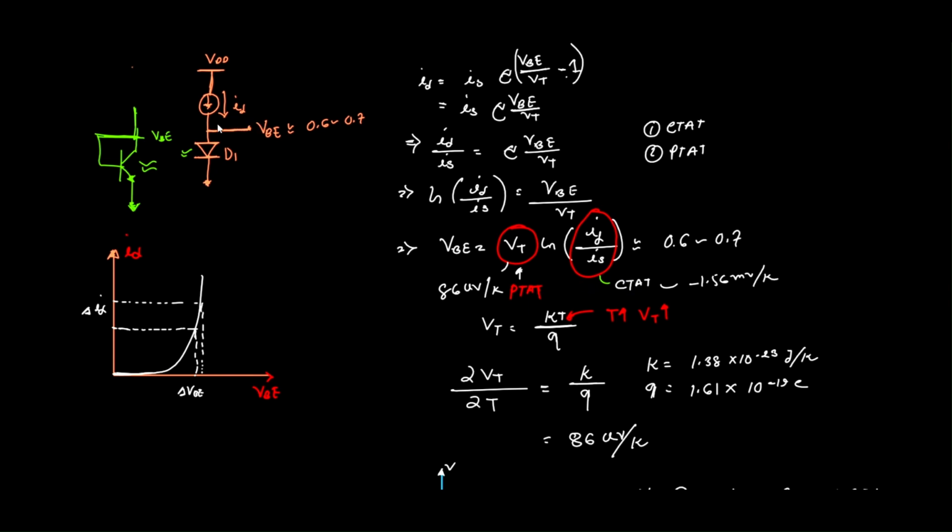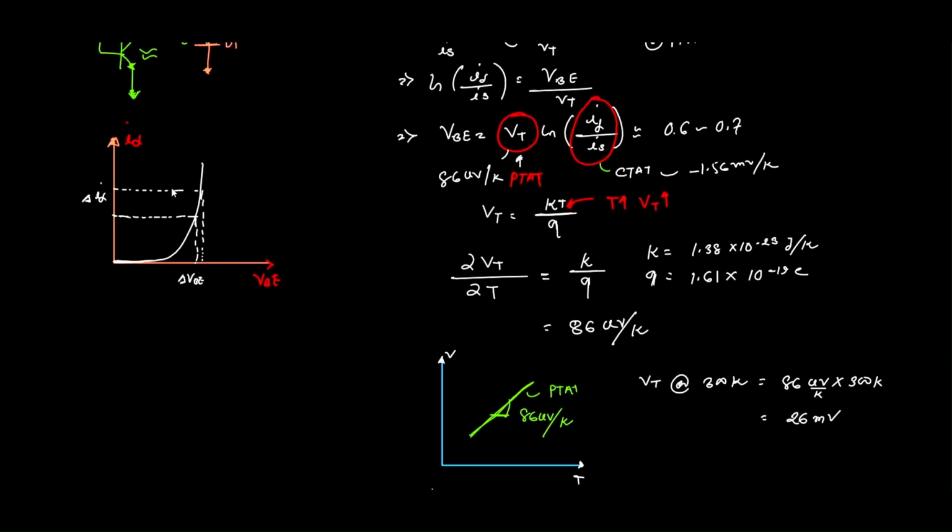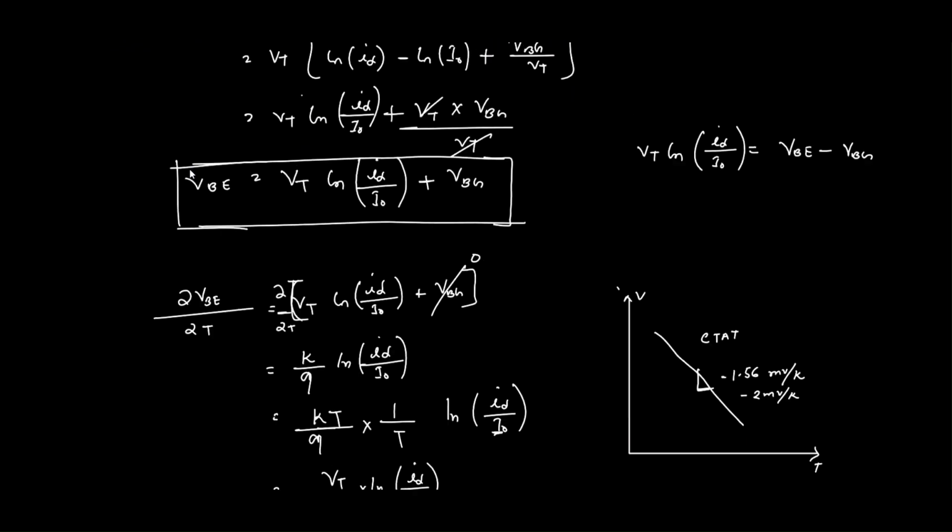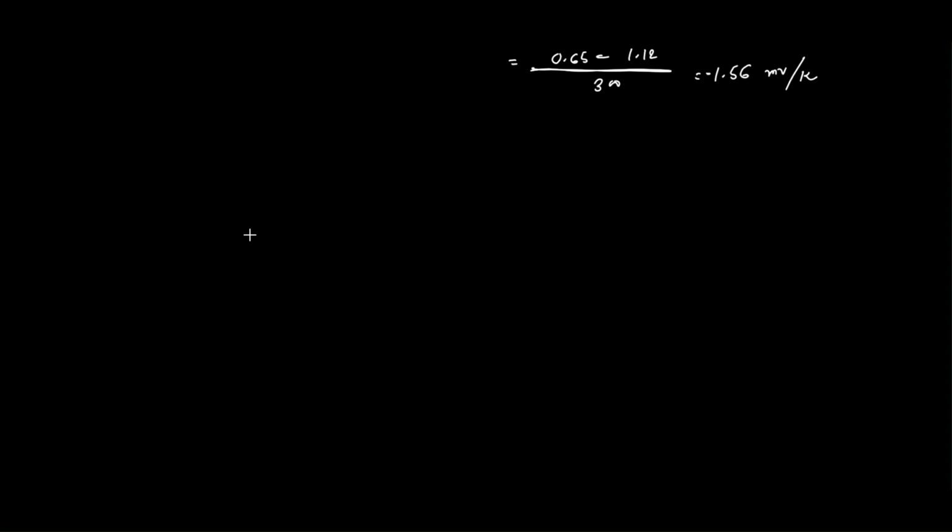As we plot this slope of this voltage, it will look like a CTAT voltage. Obviously here are two terms, one is the PTAT and the CTAT, but the dominant factor is the CTAT.